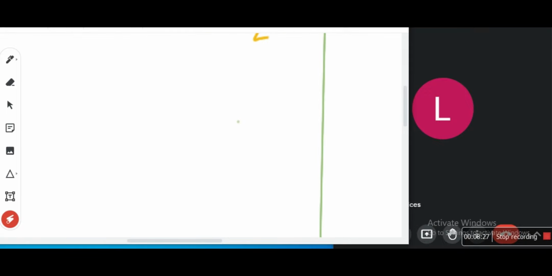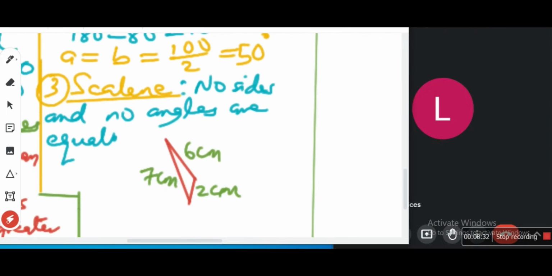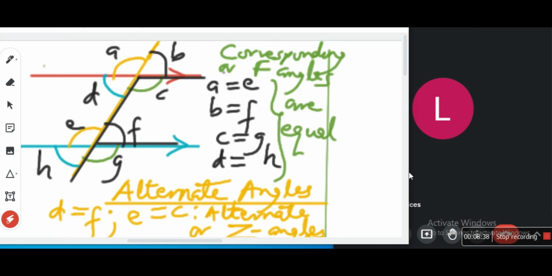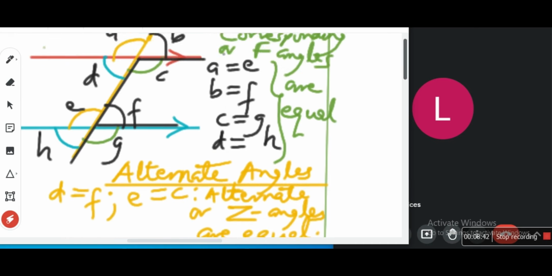Okay, I need you to see this. Another name for alternate angle is Z angle. If I had enough space, I would have just drawn a Z. This is how a Z goes.